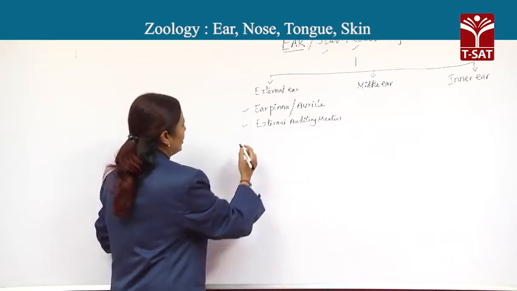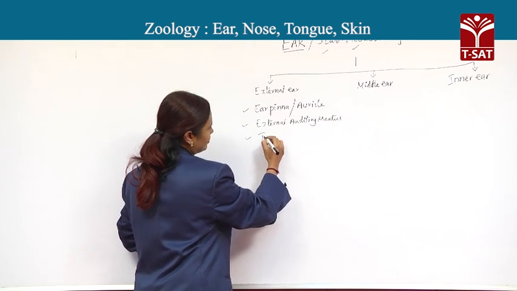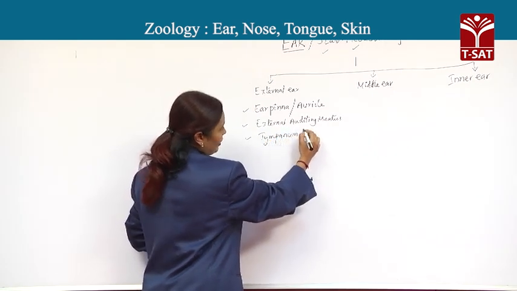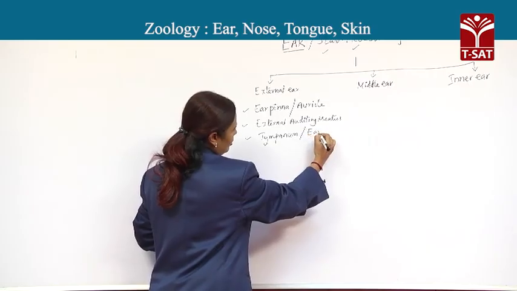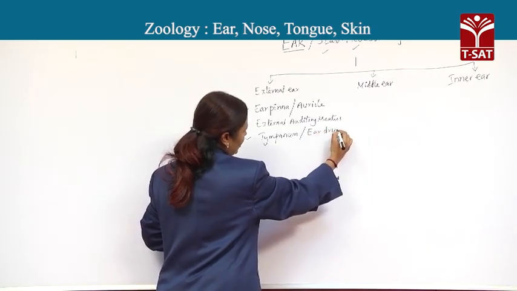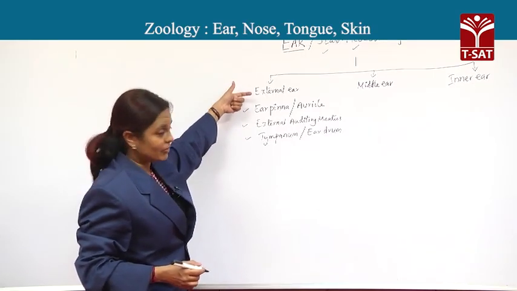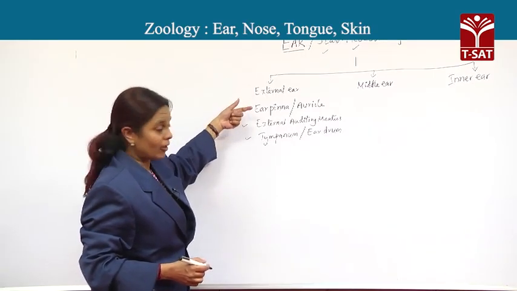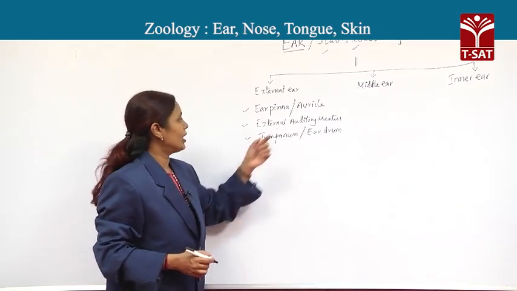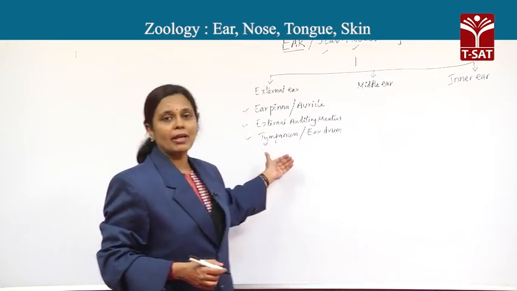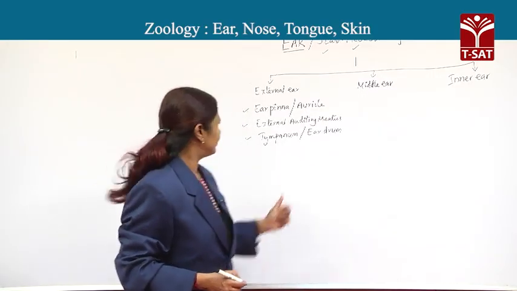And number three, tympanum or eardrum. So, the three parts of the external ear are ear pinna or auricle, number two, external auditory meatus, and number three, tympanum or eardrum.